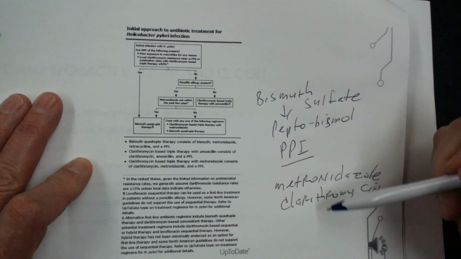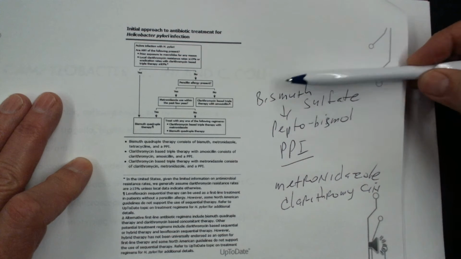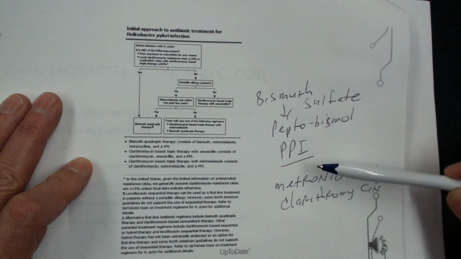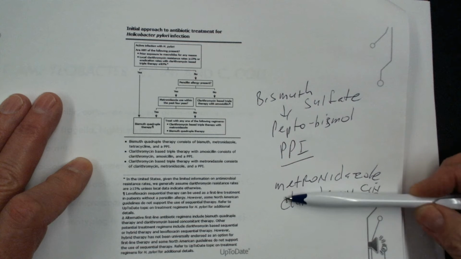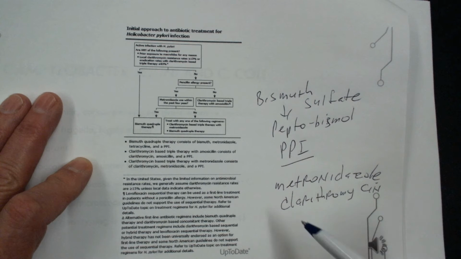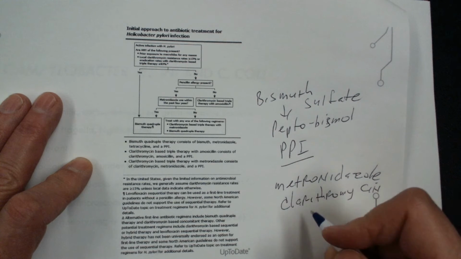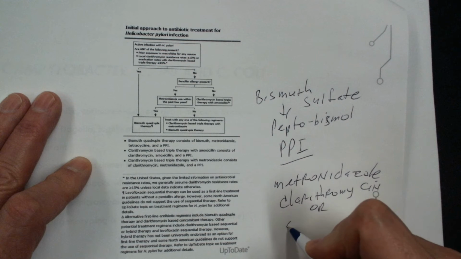So that's your quadruple treatment: bismuth sulfate, PPI, and then these two antibiotics. Or you may combine metronidazole with amoxicillin.